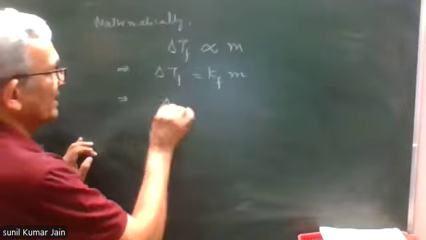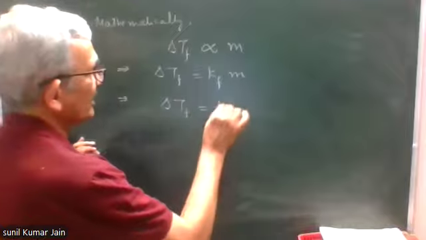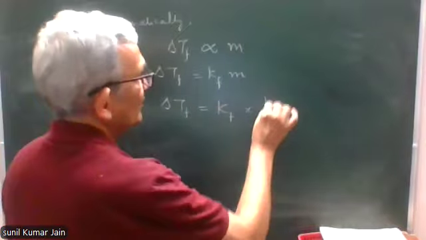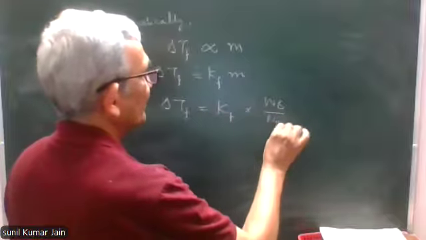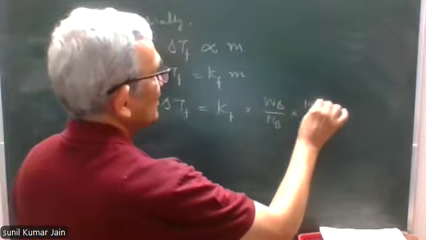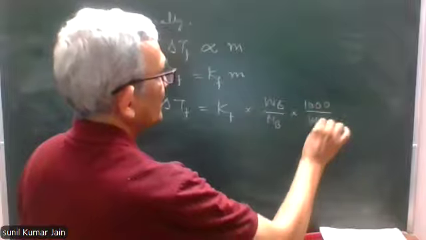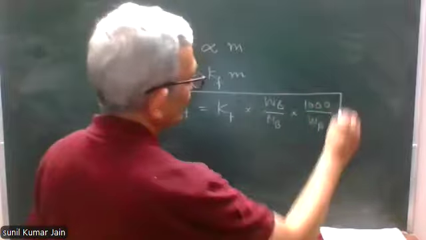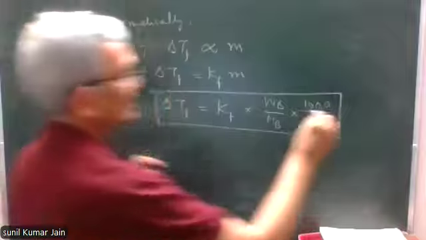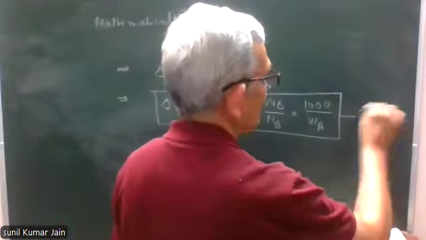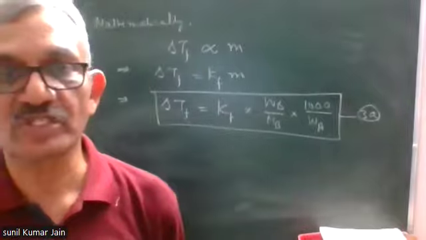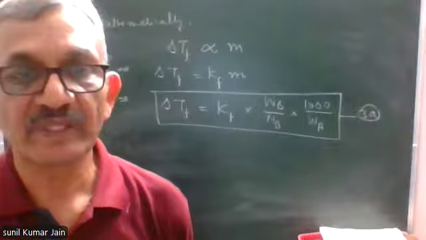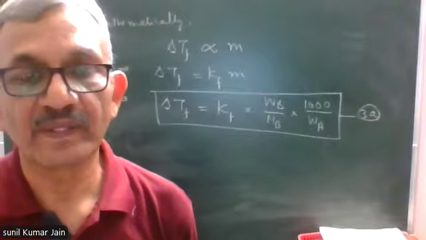Delta TF is equal to Kf into, will expand molality, WB by MB into 1000 divided by WA. Third colligative property, first equation, labeling equation 3a.